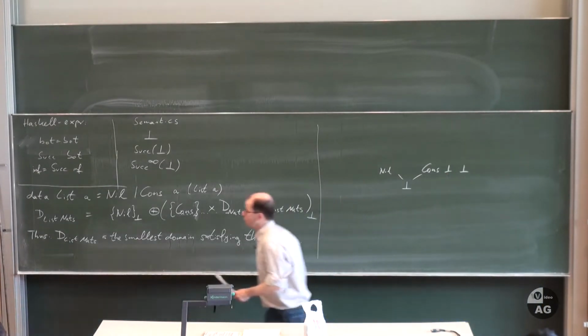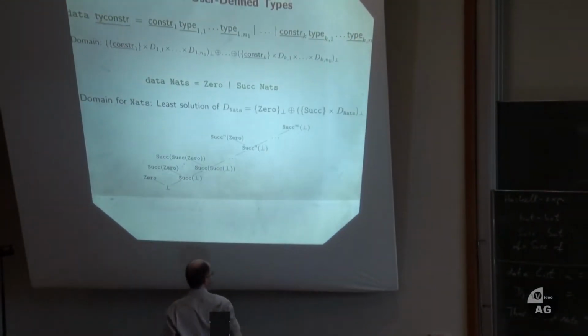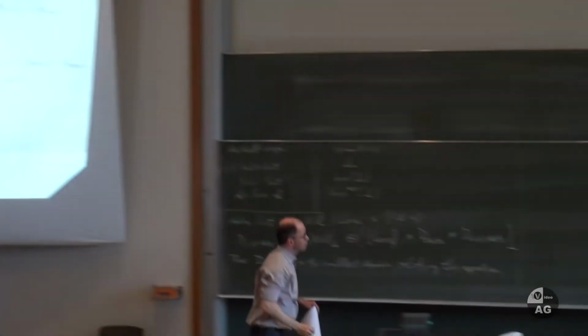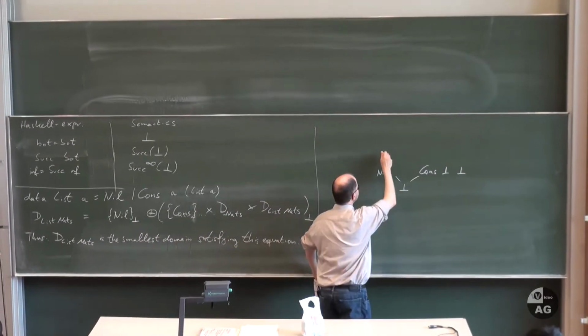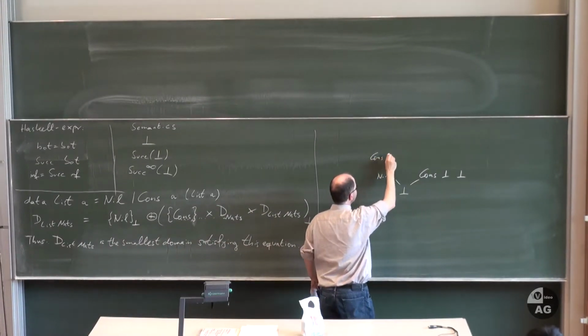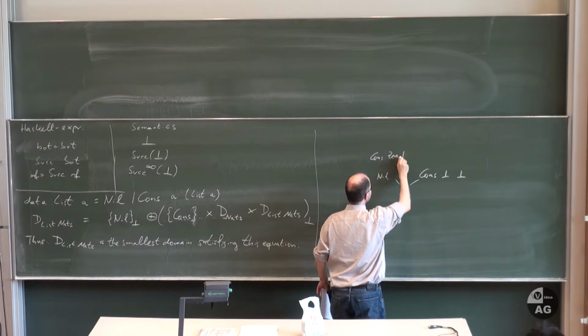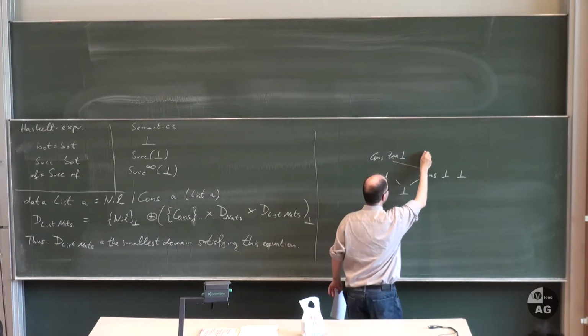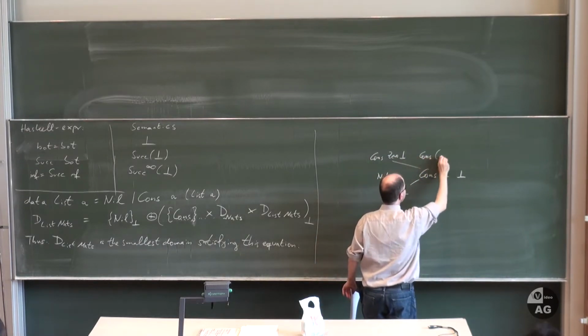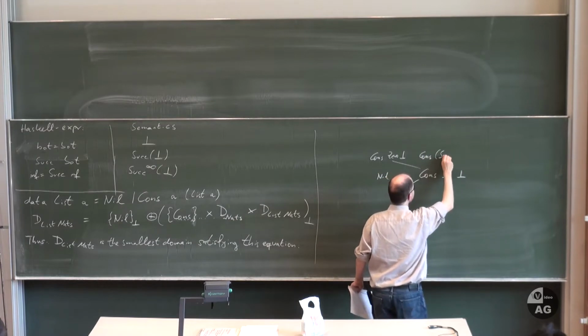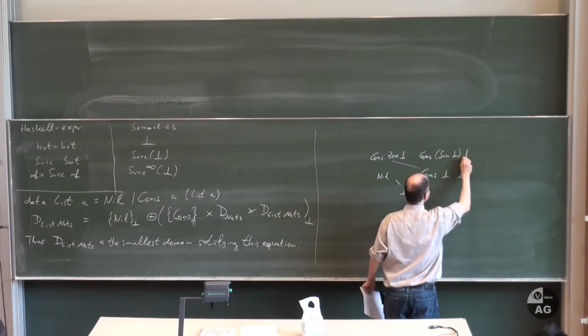If we want to make this more defined, we can replace it by either 0 or by suck bottom. So if we replace the first bottom by 0, then we have cons 0 bottom, so this is more defined. Or we have cons suck bottom bottom.